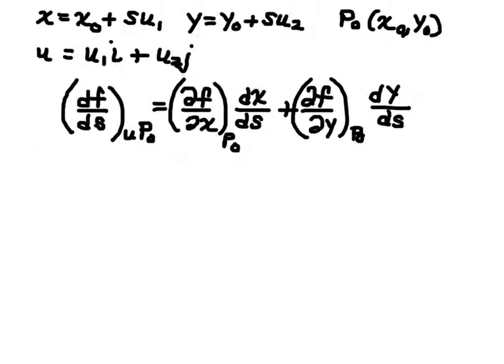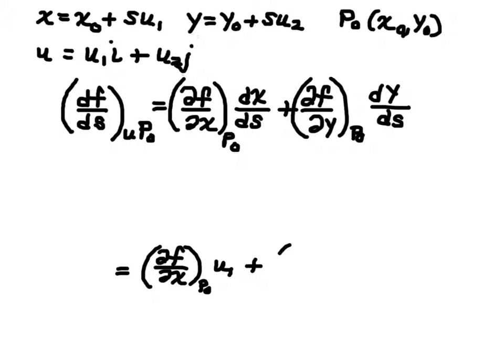What we get is the partial derivative of f with respect to x at p naught times the unit vector u sub 1, plus the partial derivative of f with respect to y at p naught times the unit vector u sub 2.